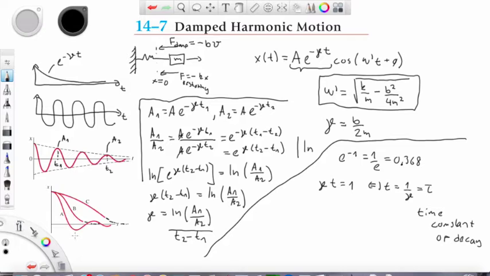We can call these 3 different cases by the following terms. This is called underdamped case, which is the most common in the simple harmonic motion that has been damped. The B would be critically damped. The damping is just enough to kill off the oscillation.